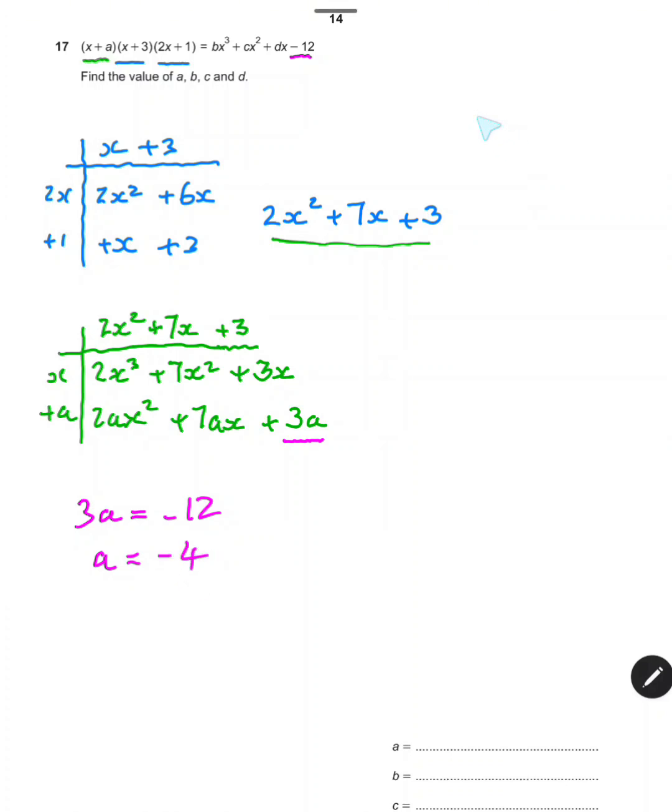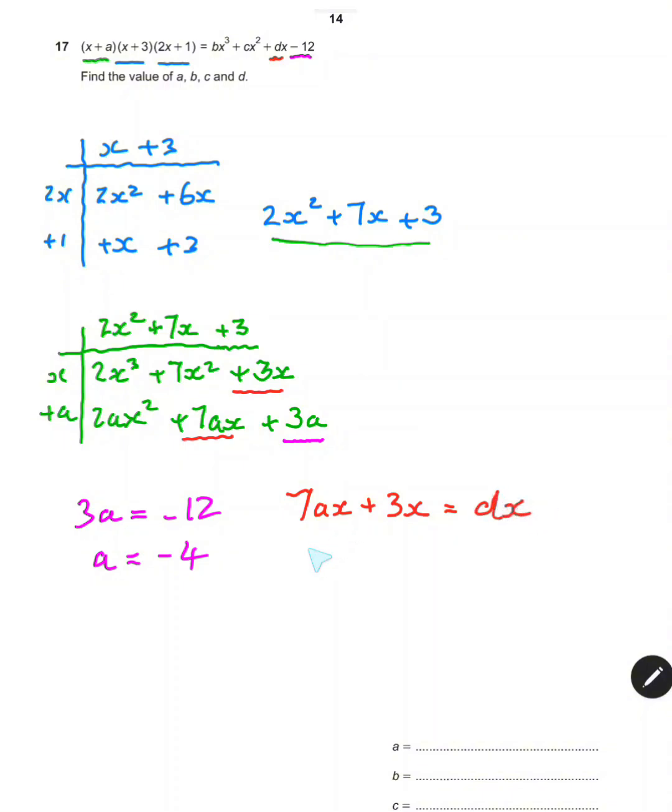I can work backwards through this and maybe just look at my x terms. I've got 3x's and 7ax's, and they must match my x's up there. So let's write something down. We've got 7ax's added to 3x's, and that must match dx's.